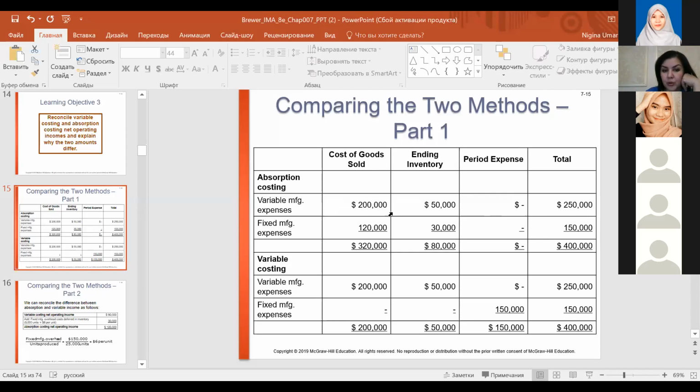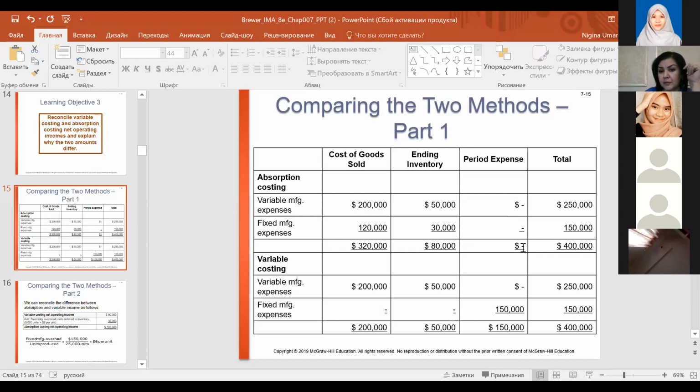Cost of goods sold, variable plus fixed manufacturing, and we have cost of goods sold 320. In ending inventory, we have 50,000 of variable manufacturing and 30,000 of fixed manufacturing overhead resides in ending inventory. Okay, what is the value of ending inventory? 80,000.